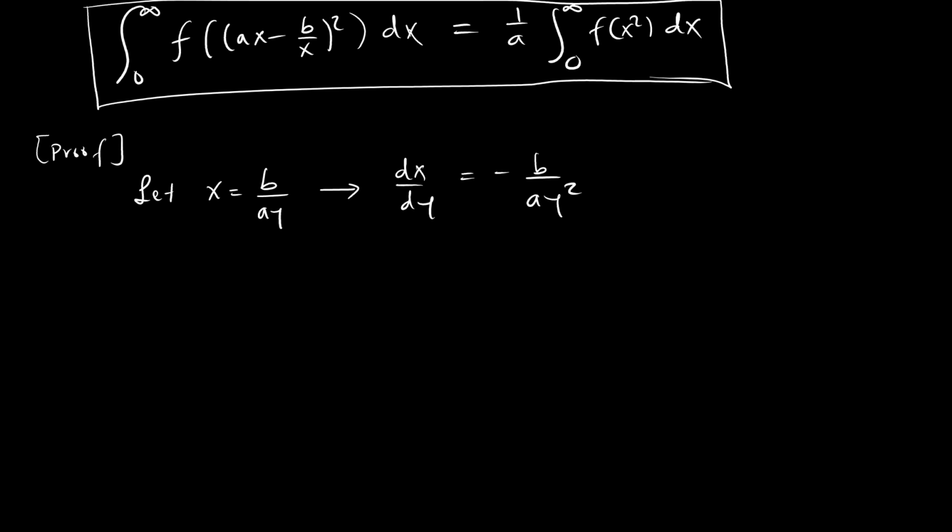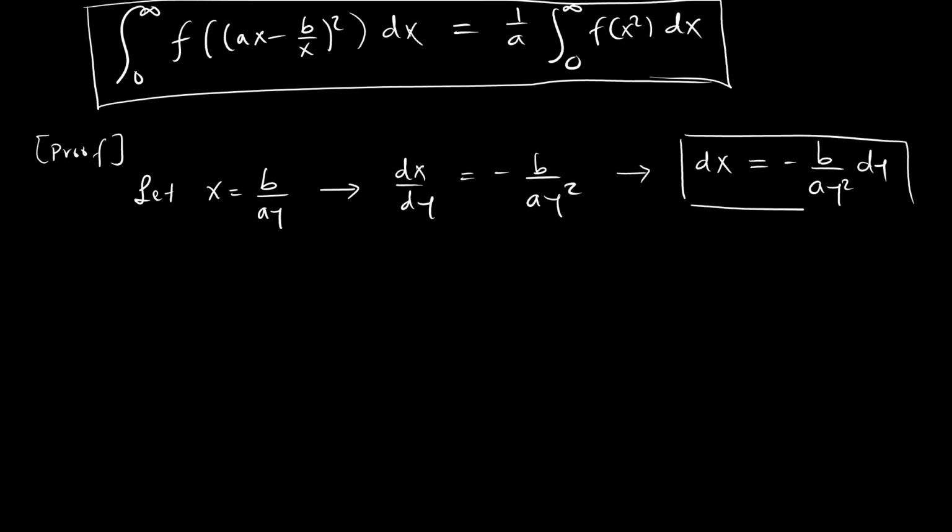Thus, when you multiply both sides by dy, we have dx being equal to negative b over ay squared dy. This is an important thing for us.